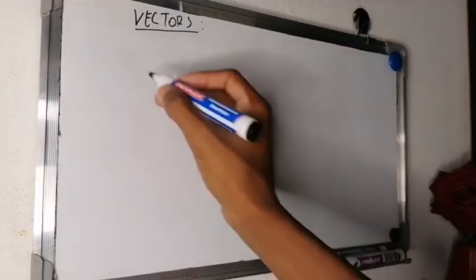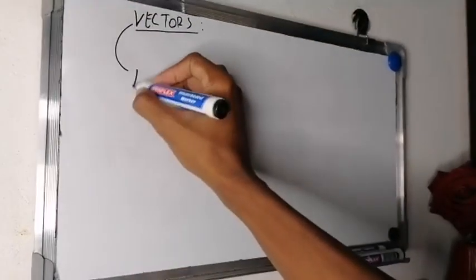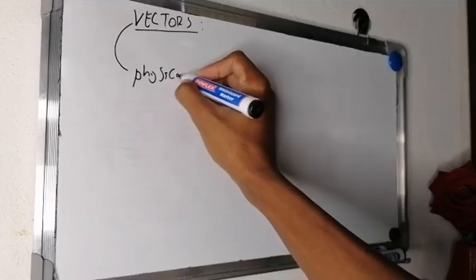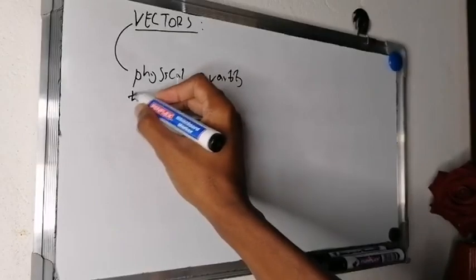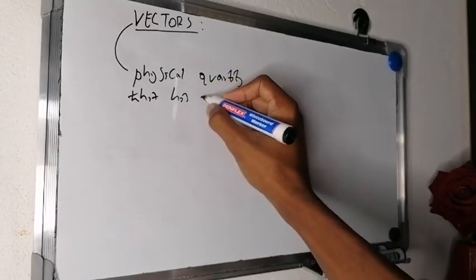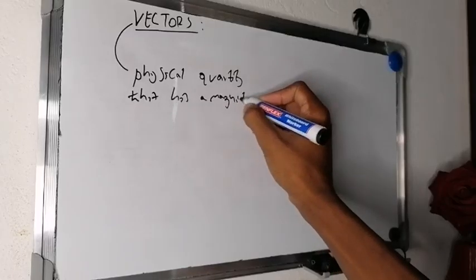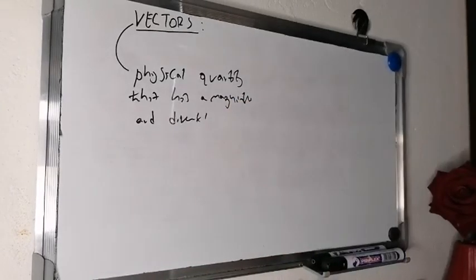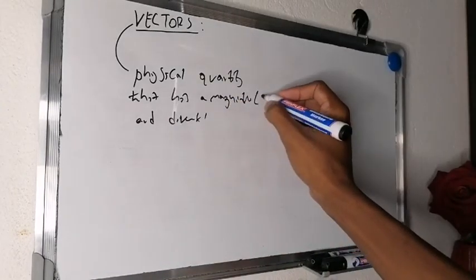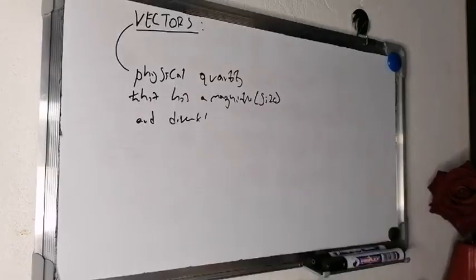As you can see, the caption today is vectors in two dimensions, and by now we understand that when we talk about a vector, we talk about a physical quantity that has a magnitude and direction.